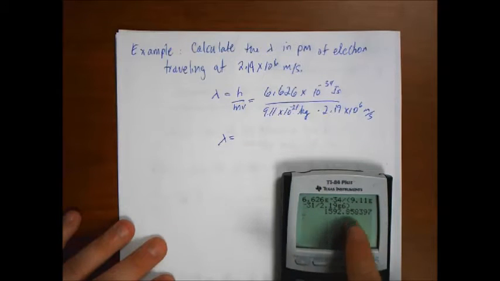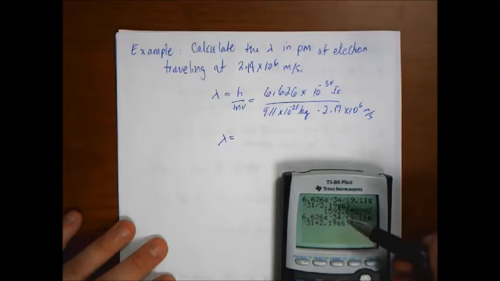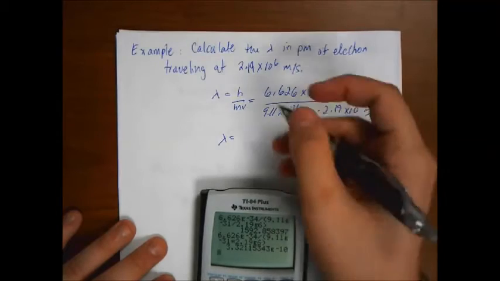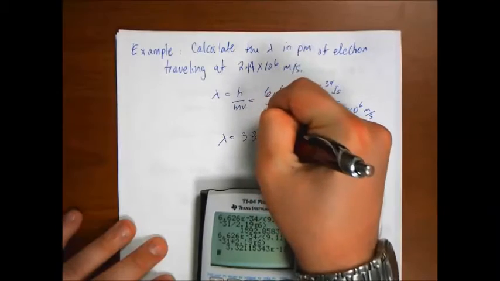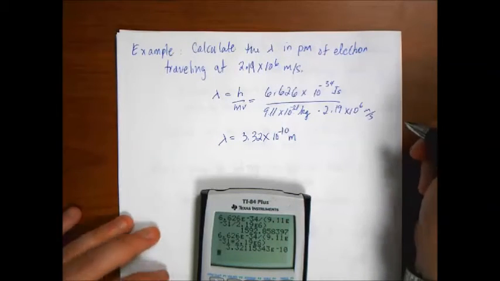I could tell you already that this is not going to be the wavelength of an electron, so that's how I can tell if I make a calculator error, is by looking at the number and saying, no, that doesn't look right. So we do e to the minus 31 times 2.19 e to the 6th. Now, remember, I have the parentheses here so that everything on the bottom stays on the bottom. Now we get a number that looks better. We get 3.32 times 10 to the minus 10th meters.